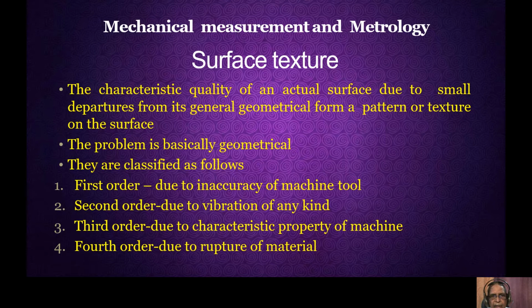What is a surface texture? It is the actual surface, because of the small departure from its general geometrical form. You will see some other pattern of the surface texture.